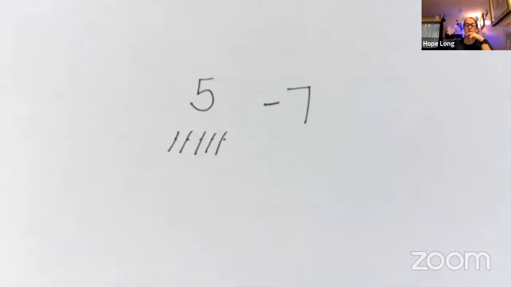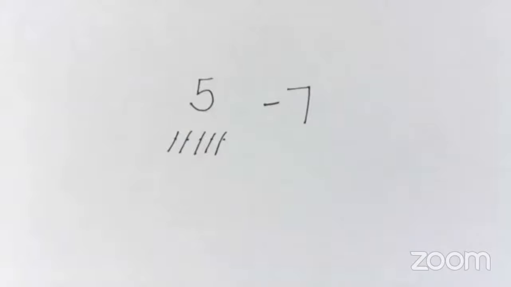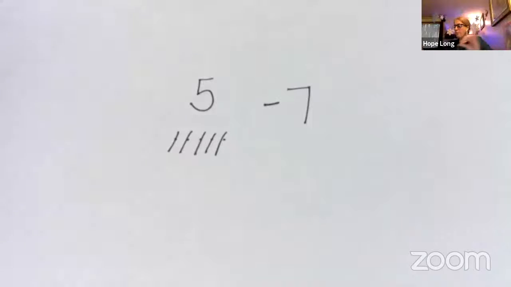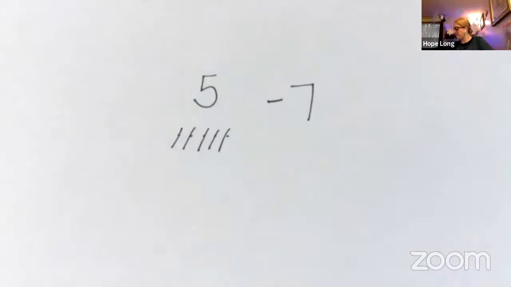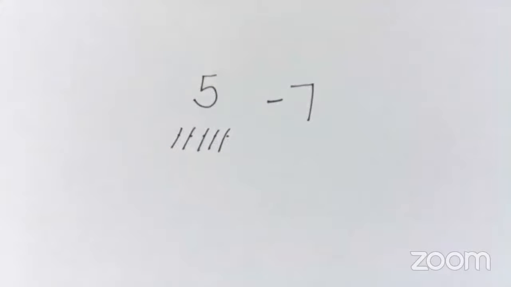Julia, what's happening now? Well, you're subtracting a bigger number from the smaller number, and since there isn't enough, you have to go lower than 0. So what do you mean lower than 0? So I'm talking about negatives.